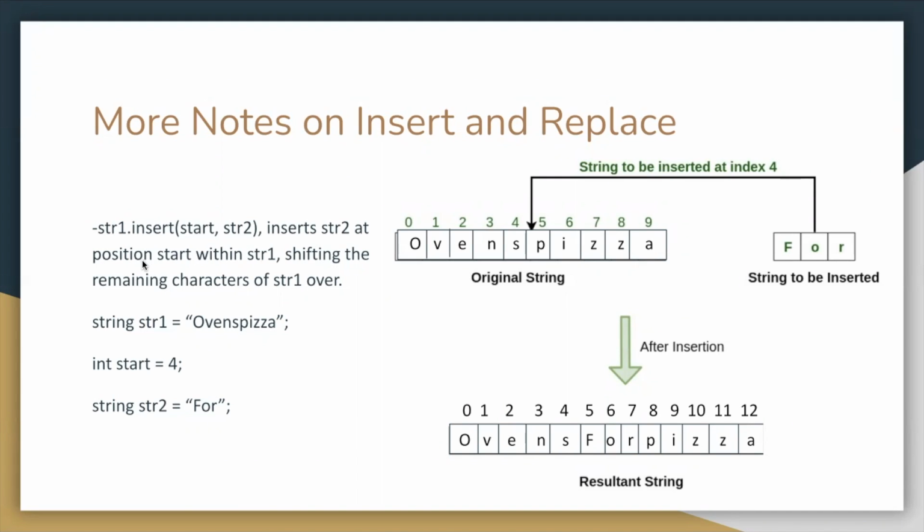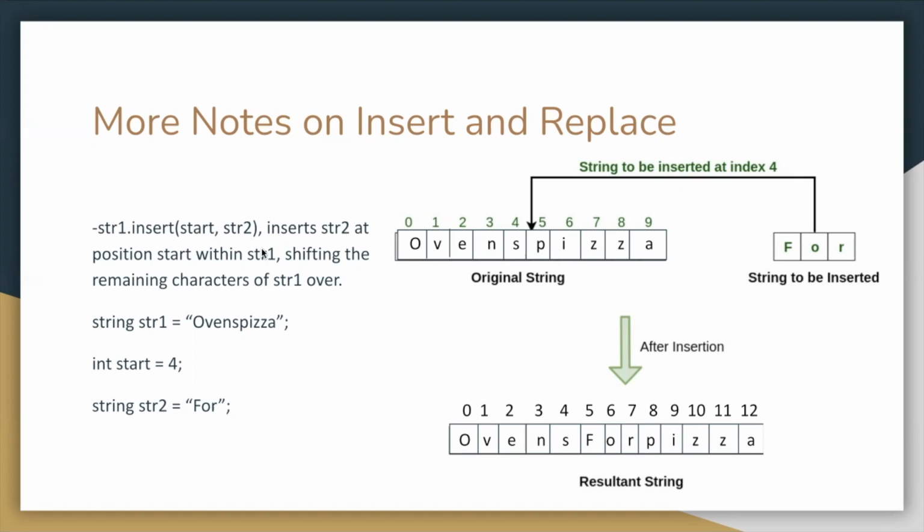It's really easy for us in the end, because we just have to call this function and it will do the magic of inserting a specific string into that specific string's position. So this operation inserts string 2 at the position start. Position is the same thing as index. It's going to be an int within our string 1, and it's just going to shift everything over.